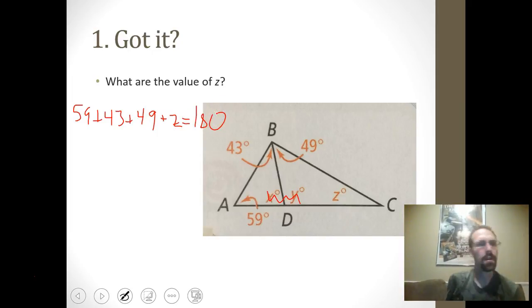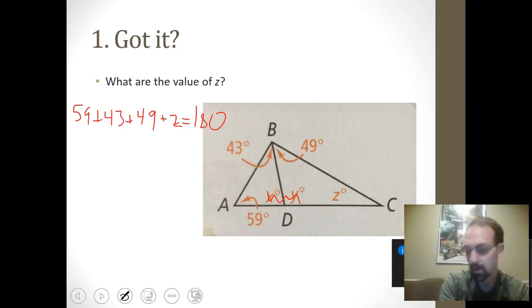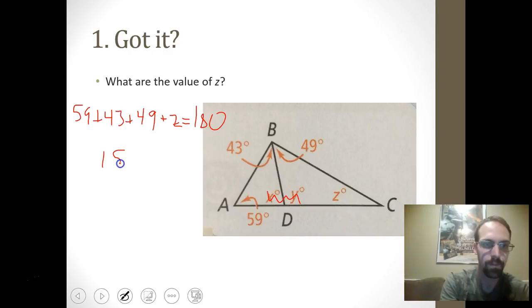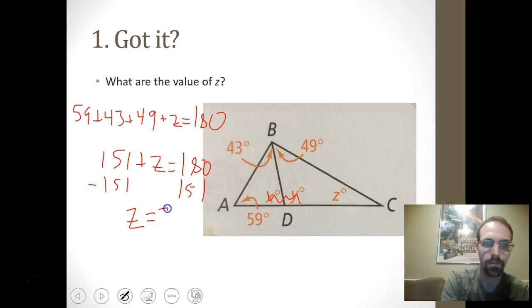So if I combine 59, 43, and 49 together with my handy dandy calculator, I have 151 plus z equals 180. Subtract 151 from both sides, and you should get z equals 29. Hopefully we agree.